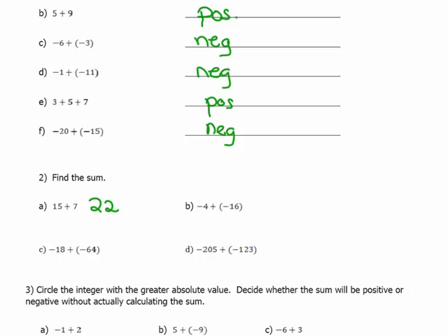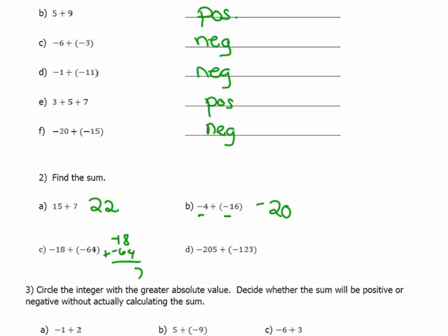For letter B, I have negative and negative, so those are the same. I'm going to add those together, 20, and I'm going to keep the sign. For letter C, I have negative 18, negative 64. Those are both the same. I'm going to write them going vertically because that helps me. If it helps you, go right ahead to add.